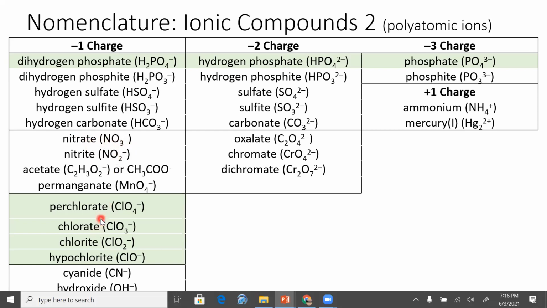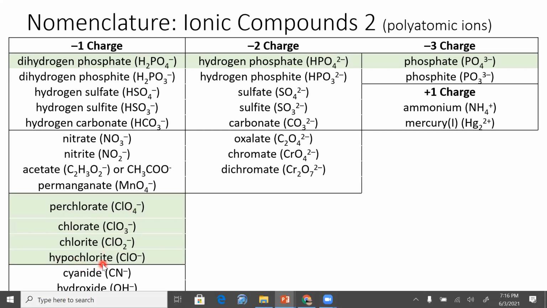If we look down here at chlorate, it's ClO3 minus 1. Chlorite has 1 less oxygen, ClO2 minus 1. Now, the prefix per means 1 more oxygen. So if chlorate is ClO3 minus 1, perchlorate just has 1 more oxygen.